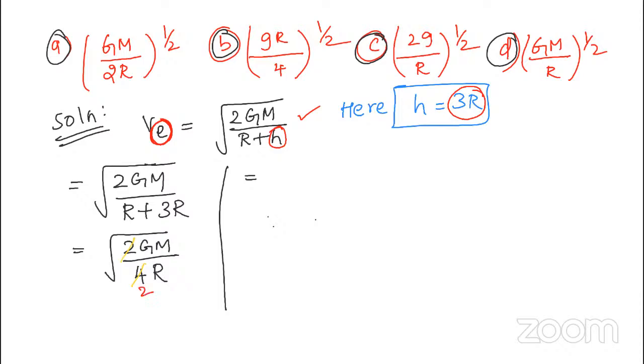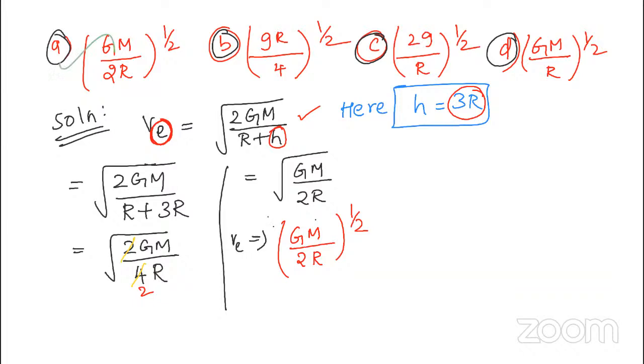So here it is square root of GM divided by 2 into R. So the value of VE is GM divided by 2 into R, the whole power half. So it is option A.